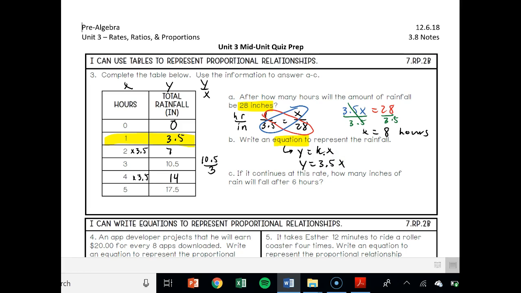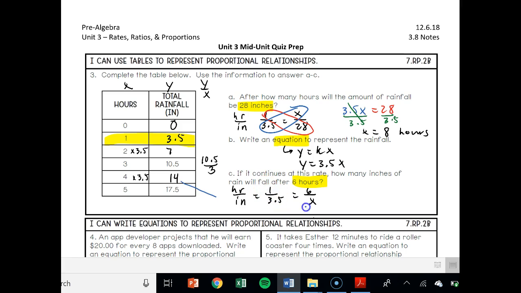So it says, if it continues to rain at this rate, how many inches of rainfall will fall after 6 hours? Again, you could use the same proportions, hours over inches, and this time we know it's 1 over 3.5 is equal to, hey, this time I know my hours, right? 6 hours. Hours are on top, so 6 goes on top. 6 over x, right?